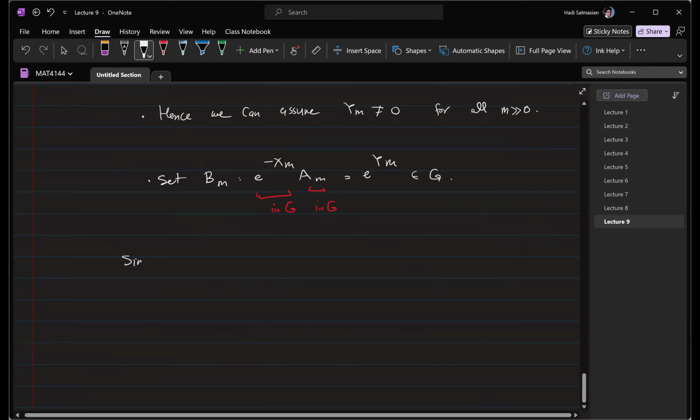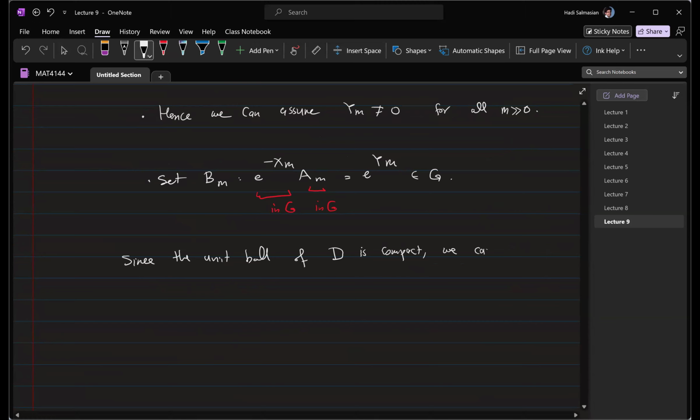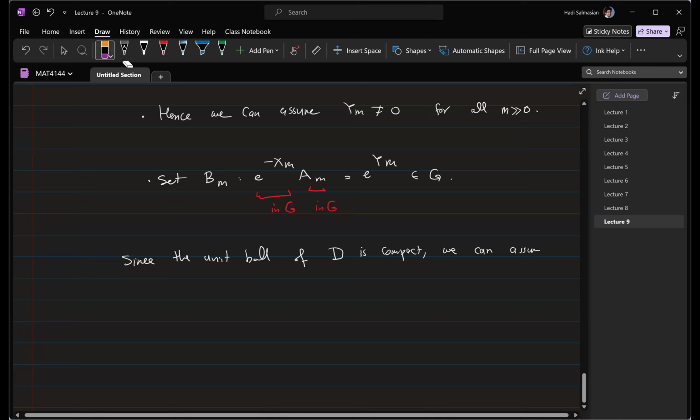Since the unit ball of D is compact, after passing to a subsequence, we can assume that ym divided by norm ym converges.